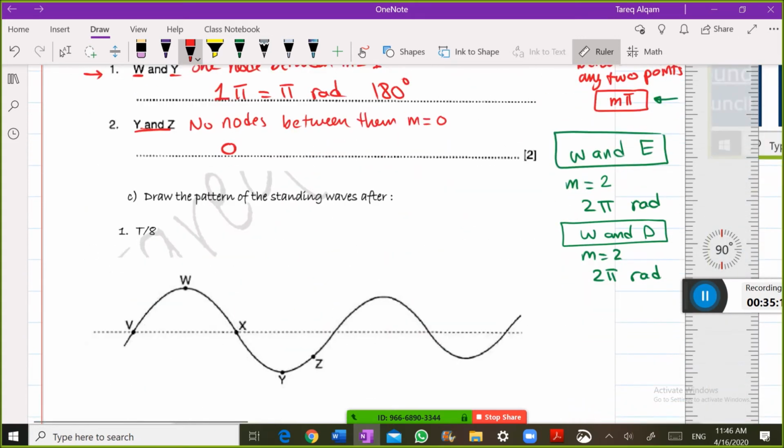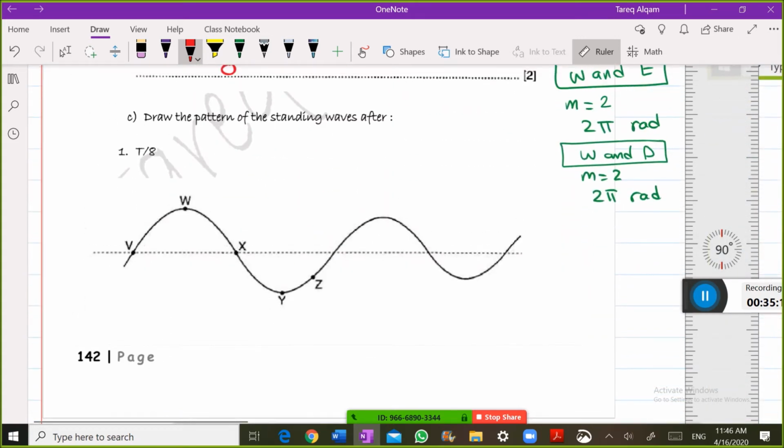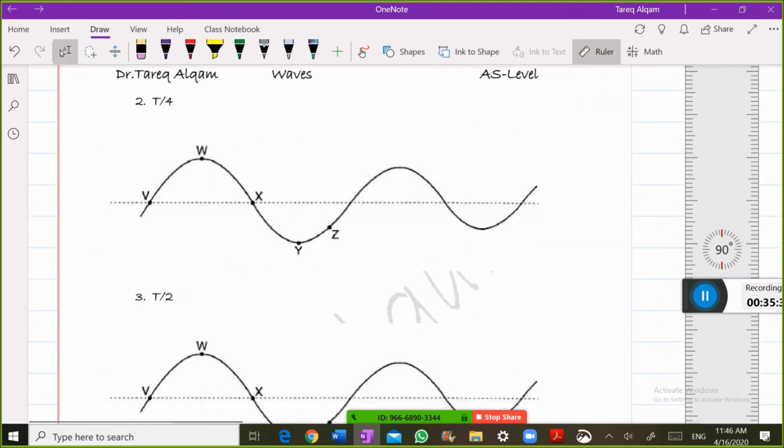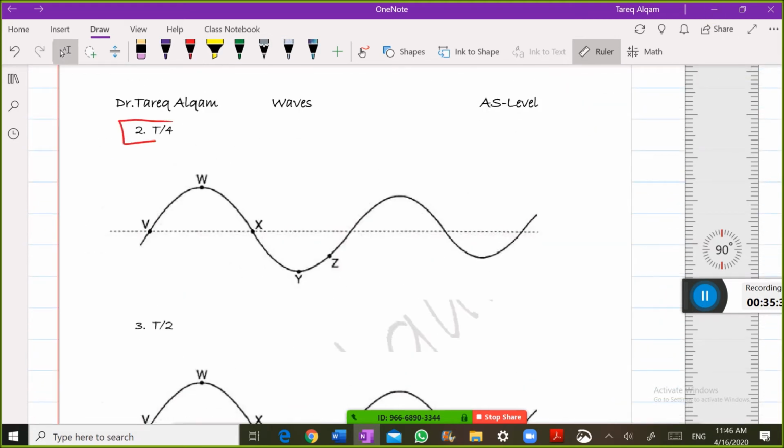Now also, guys, we may have a question like this: draw the pattern of standing waves after T over 8. Before considering T over 8, let me consider this. We are asked to draw the wave after a quarter period. After a quarter period, if I take a screenshot of the wave, it will be at the equilibrium position.